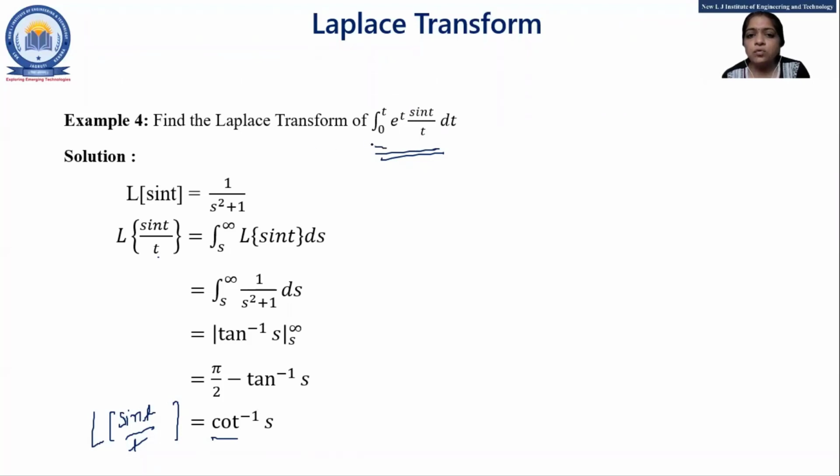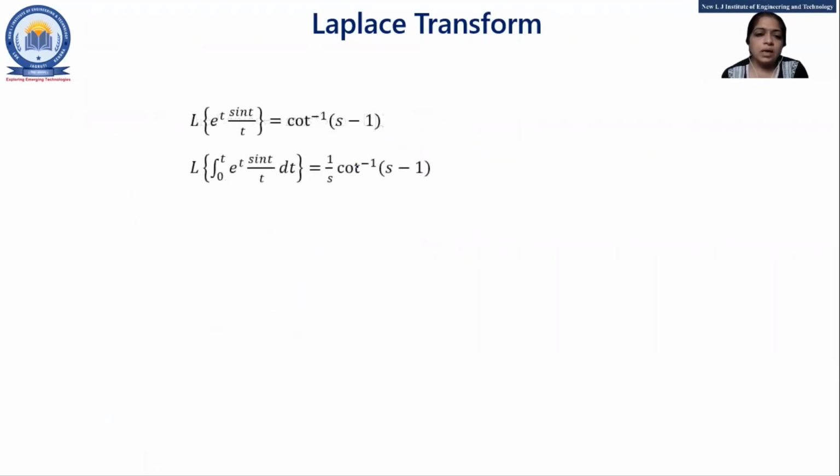Then we'll go for the rule of the integration. So for the first shifting theorem, our answer is Laplace of e raised to t sin t upon t. By applying the first shifting theorem, s will be replaced by s minus 1 because the power of e is positive. So we'll replace s by s minus 1 here.